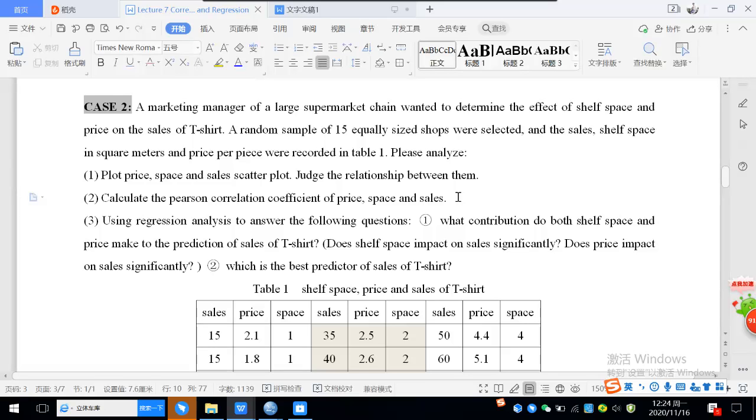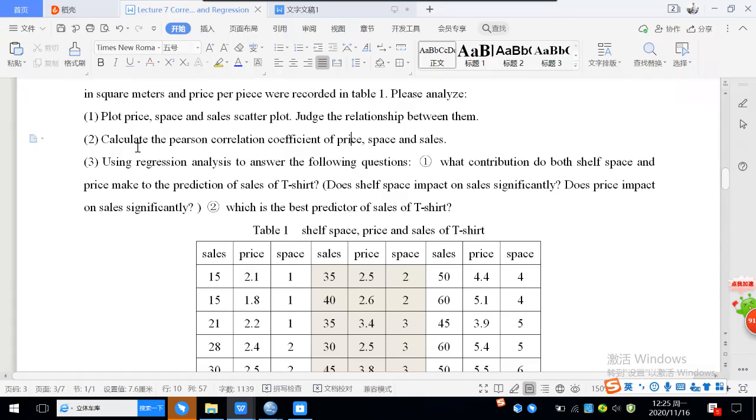Then it means that we can establish a linear regression. The dependent variable is sales. The independent variables are price and space, which means Y is sales, X1 is price, X2 is space.